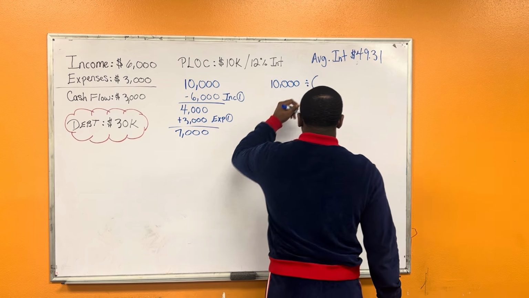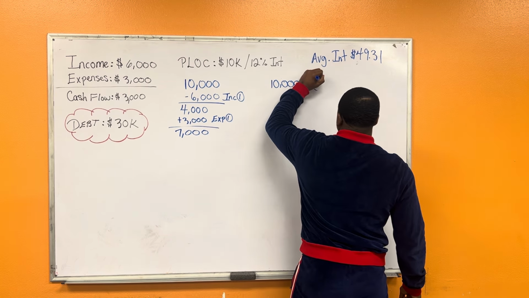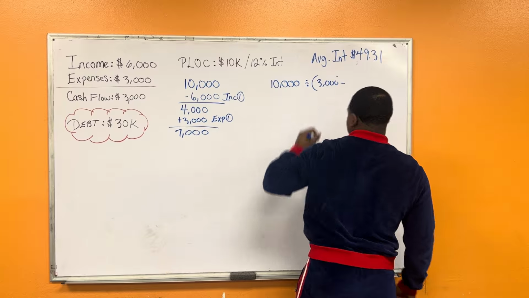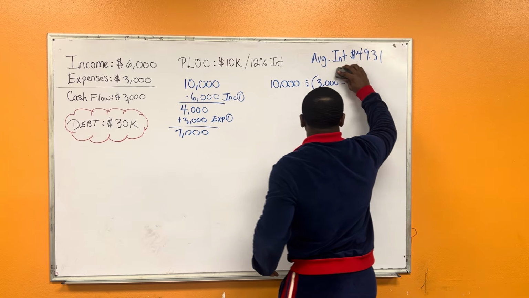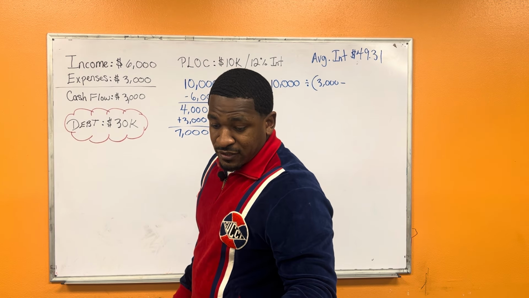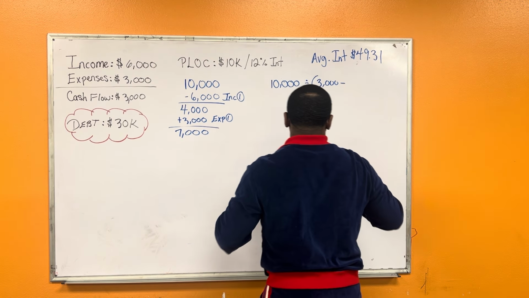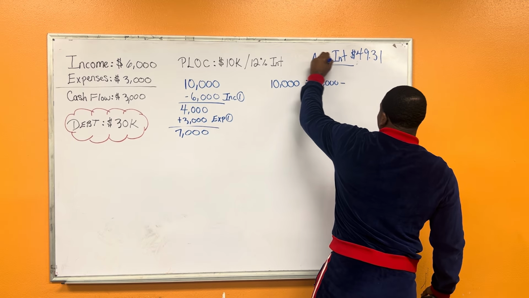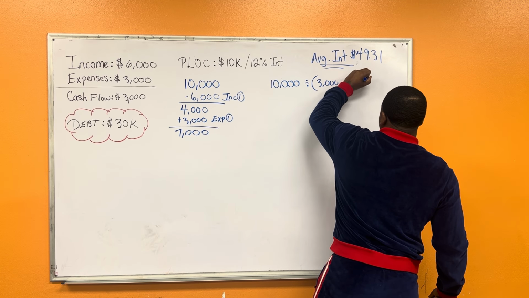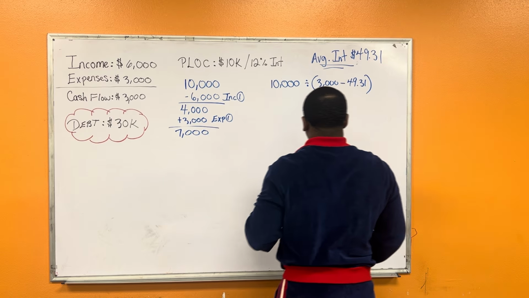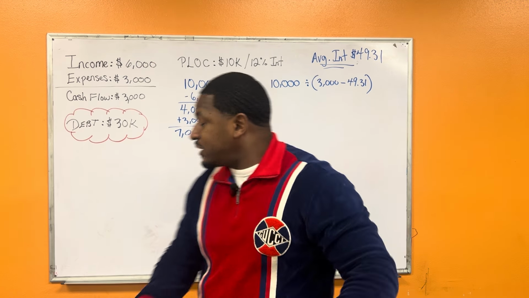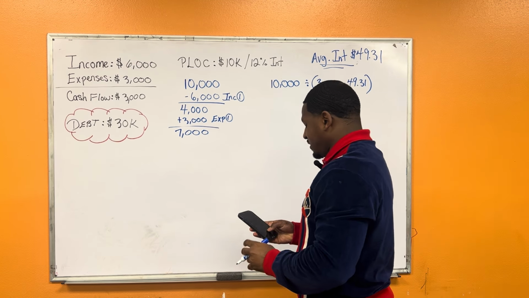Our cash flow is 3,000. Then we subtract from that our average interest, which is $49.31.